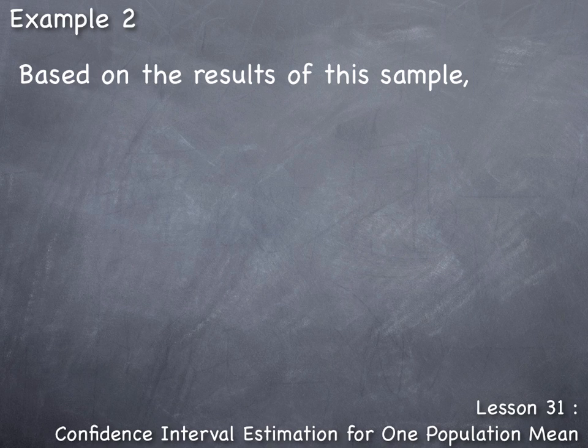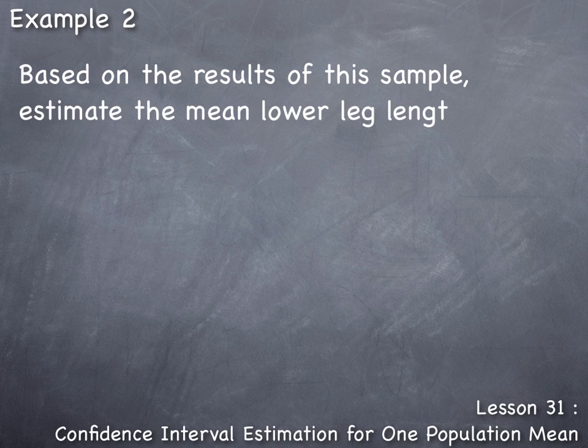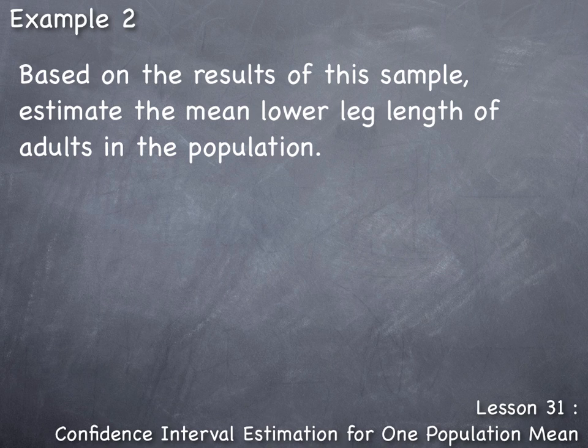Based on the results of this sample, estimate the mean lower leg length of adults in the population. So in this example, we want to estimate. Statistically, we estimate using our confidence interval techniques. Since no level of confidence is specified, we will use the customary 95% confidence.